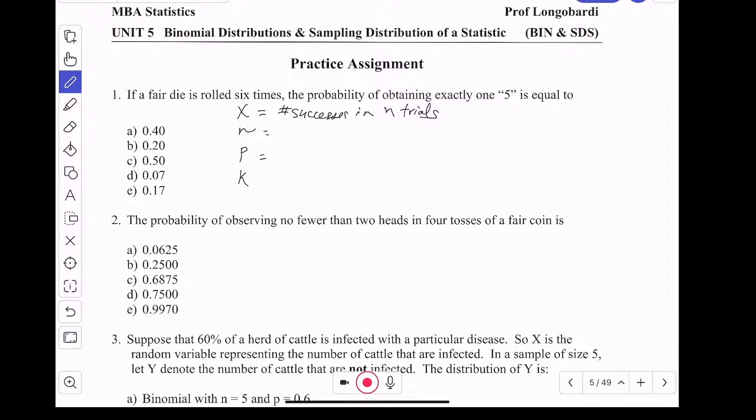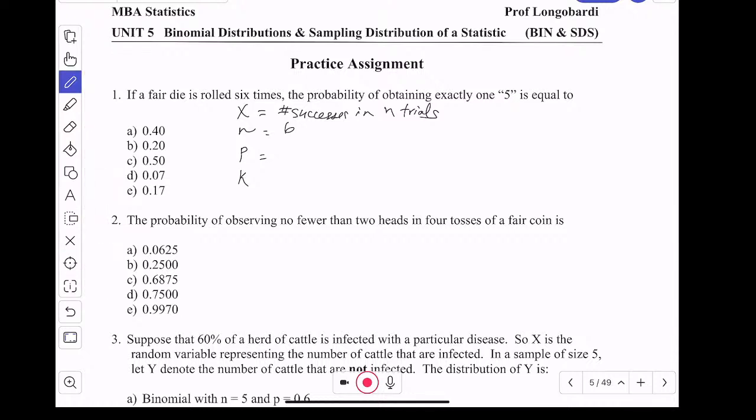How many times will I repeat the identical trials? I'm going to roll a die 6 times, so that's the number of times. And what is the success?